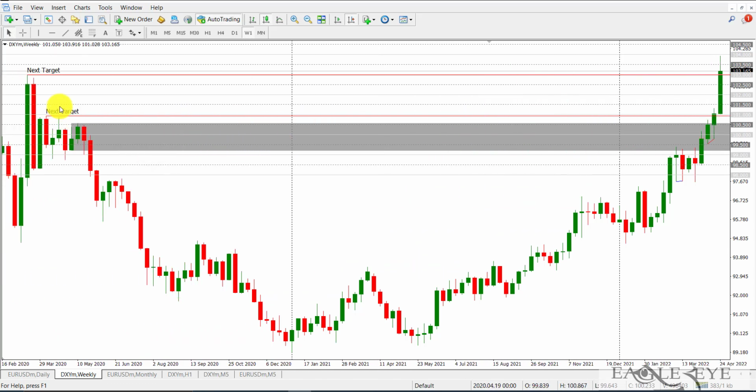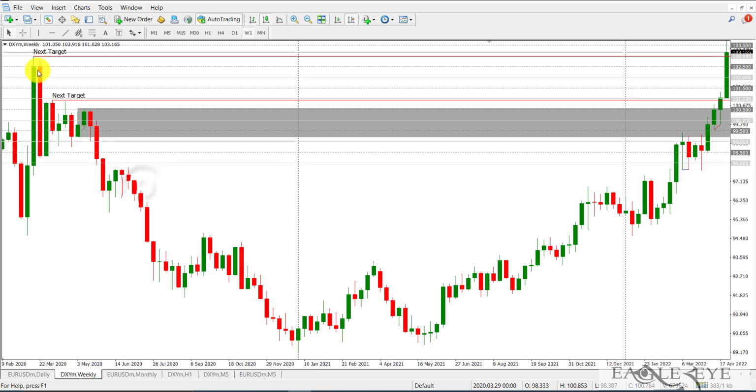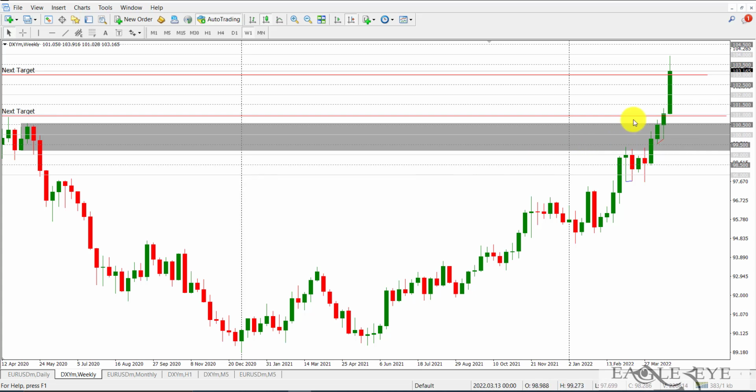We did justice to that particular target, and price went ahead, and just this previous week from 25th to 29th, we actually took out the next targets. So that's how the market has performed.